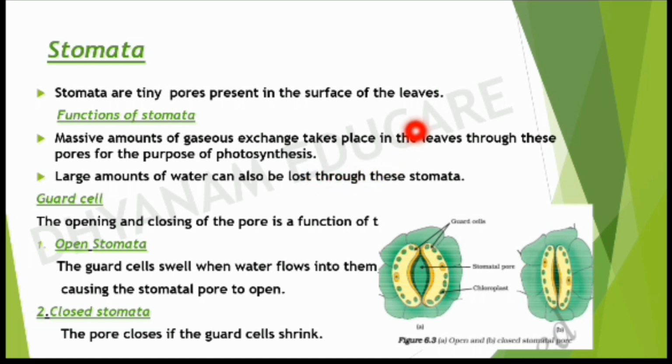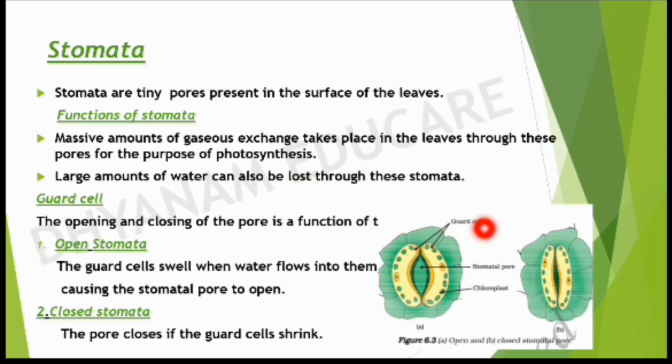What are stomata? Stomata are tiny pores present on the surface of leaves. The main function of stomata is gaseous exchange. A large amount of water can also be lost through these stomata. Exchange of gases also occurs across the surface of stems, roots and leaves.